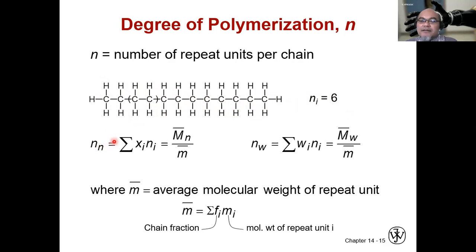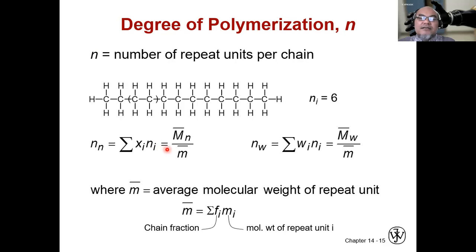Again, this is similar to the calculation of molecular weight. Now the degree of polymerization is the sigma of the fraction of that particular degree of polymerization within that sample, and then the sum of it.